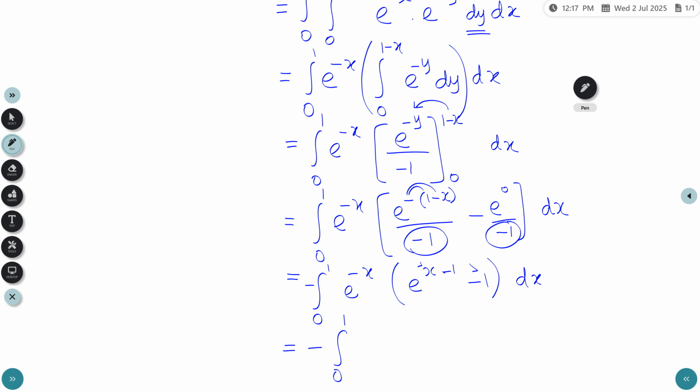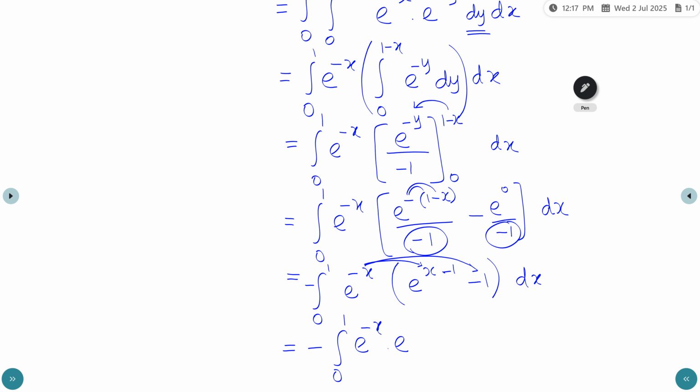So e power minus x into this term, and then e power minus x into the minus 1 term. That is e power minus x into e power x minus 1 minus e power minus x, dx.